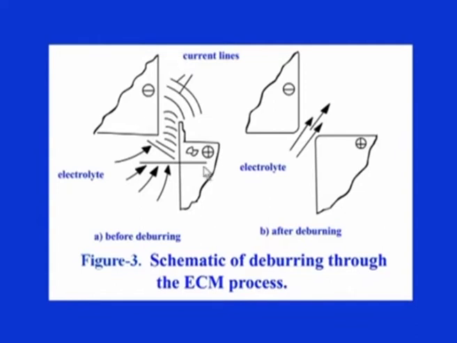two terminals of this electrochemical cell, in which the place where the burr is to be removed is connected to the positive terminal, as one can see on this screen.